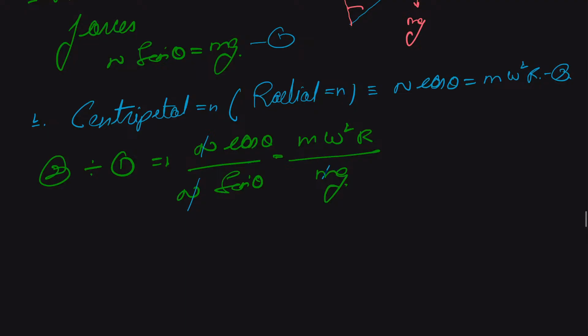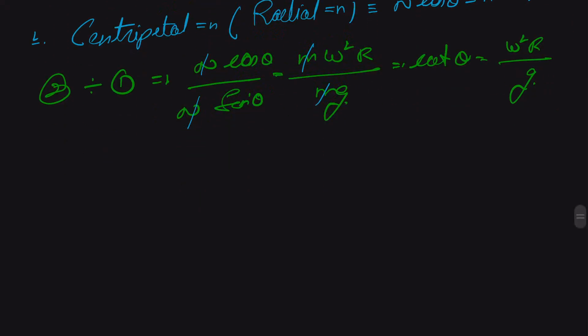Here the normal and mass cancel out, therefore cot of theta is equal to omega square r divided by g. But we know that r is equal to h tangent of theta.